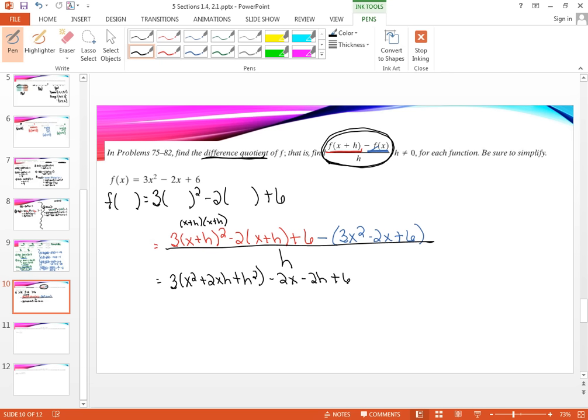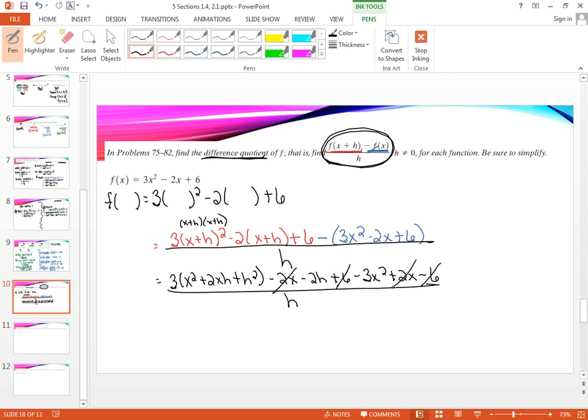Then take the blue minus into the set of parentheses, minus (3x squared plus 2x minus 6), all over h. Now while this looks like it's going nuts, it should also be collapsing. See this plus 6 and that minus 6? They add to 0. This minus 2x plus 2x, they add to 0.